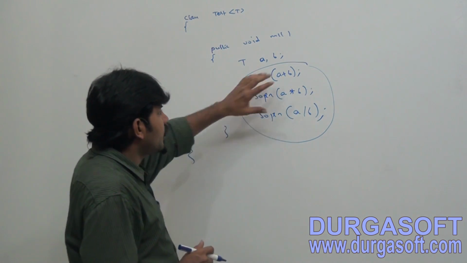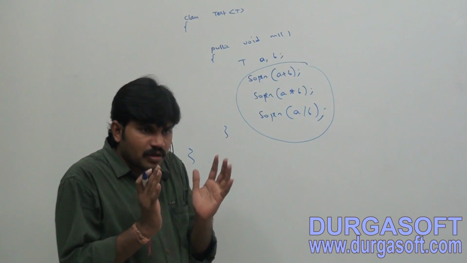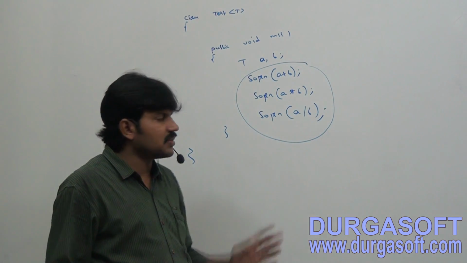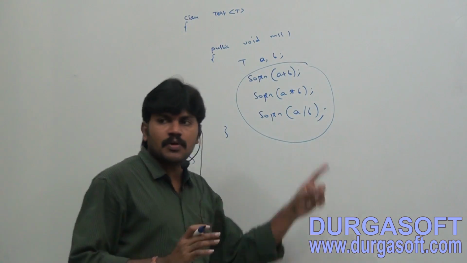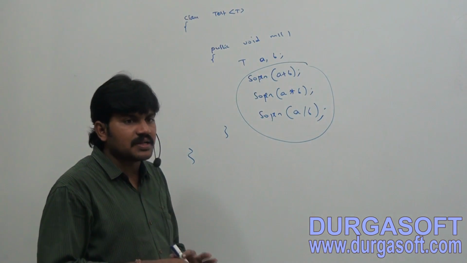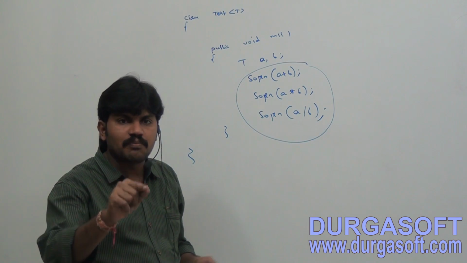If the functionality is applicable only for a particular boundary, only for a particular range, here it is applicable only for numbers. You can't apply anywhere else. Then we have to bound the type parameter up to Number only.